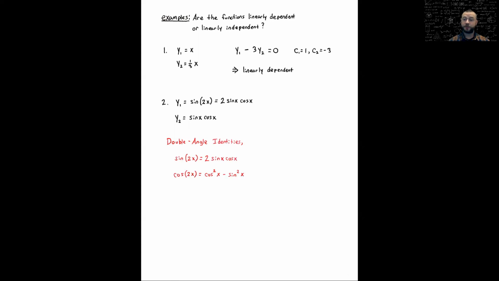Sine of 2x equals 2 sine of x times cosine of x. All right, now that makes all the difference here, because now we can rewrite equivalently y1 as 2 times sine of x cosine of x.